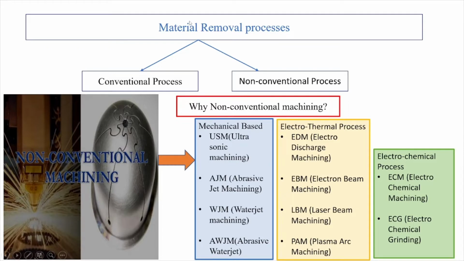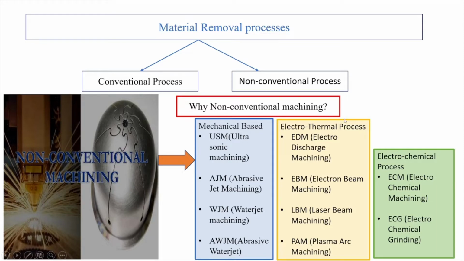And also one thing we have seen, in conventional machining process there is interaction between tool and workpiece, which may damage the workpiece surface as well. So that's why for complex geometrical shapes and for difficult to machine materials such as advanced engineering materials such as titanium, aluminum alloys, the non-conventional machining process came into our picture.